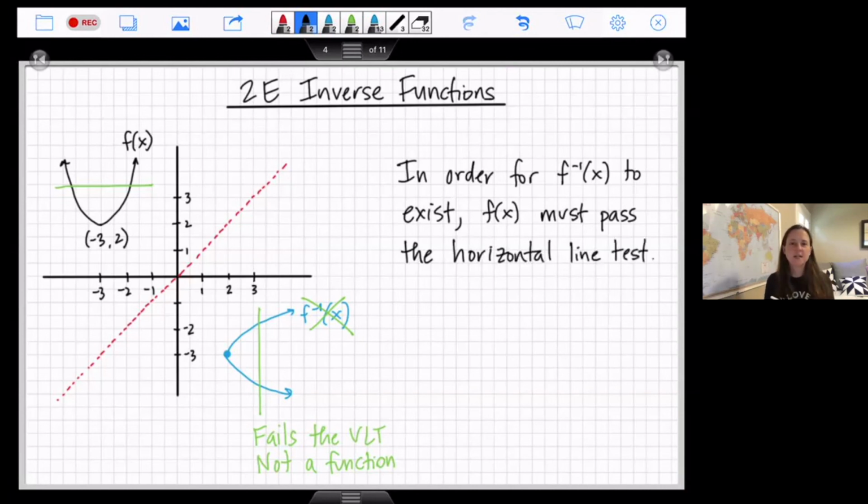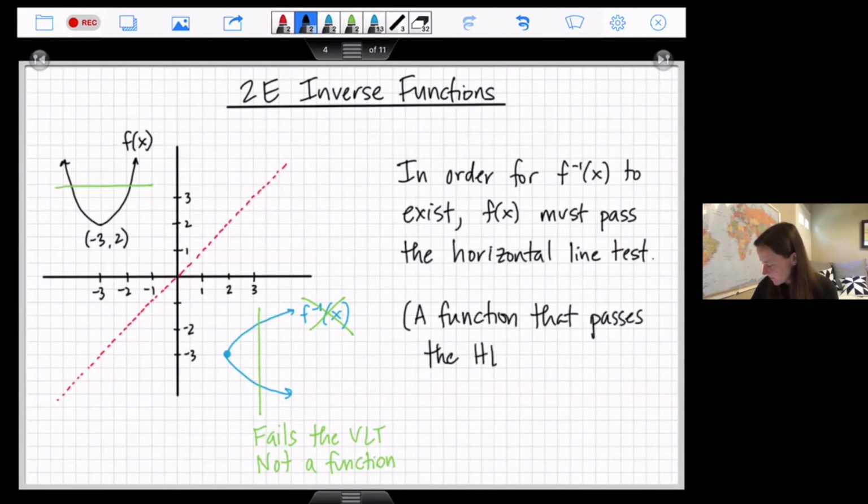All right, and you'll see in your book that they call a function that passes the horizontal line test a one-to-one function. All right, so a function that passes the horizontal line test is called one-to-one.